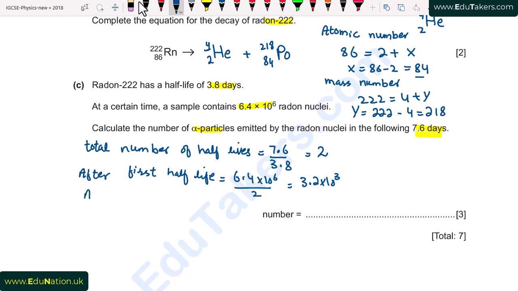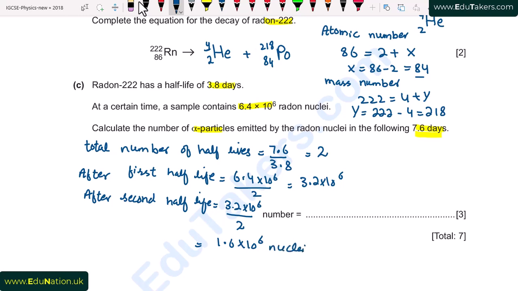After second half-life, because 2 half-lives pass, it will be 3.2 times 10 to the power 6 divided by 2, so that it comes to be 1.6 times 10 to the power 6 nuclei.